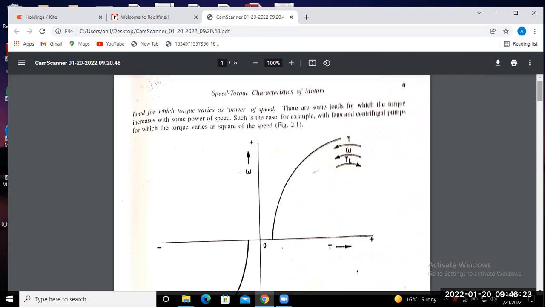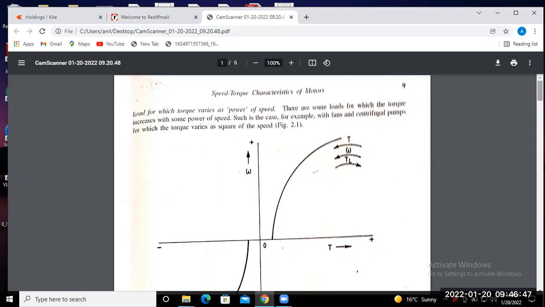So today we are going to discuss the speed characteristic of various types of motor. We require their speed characteristic because we want to drive some particular load by the electric motor. So how can we control their speed and other parameters for the desired output?